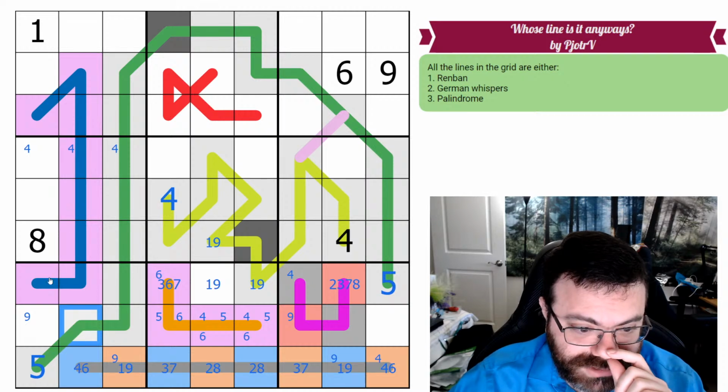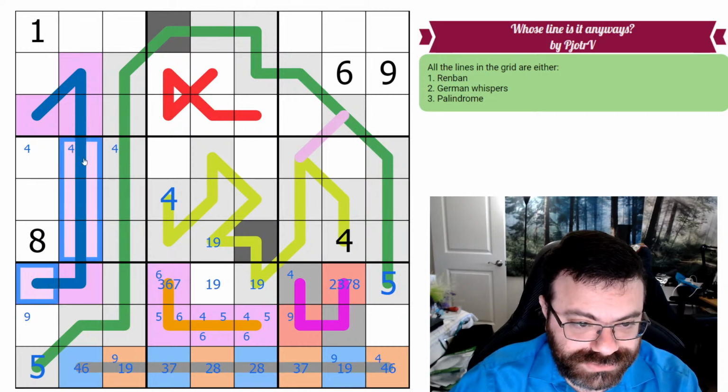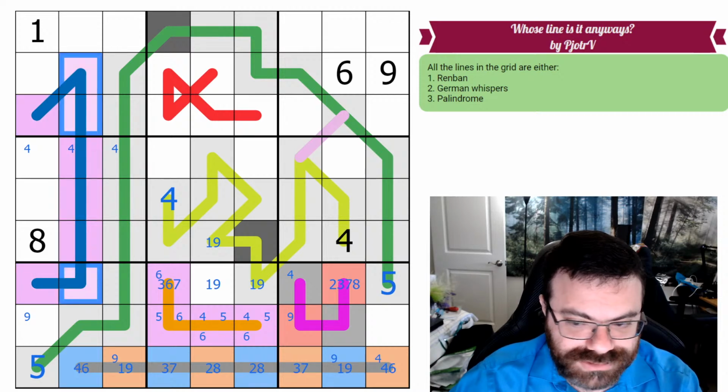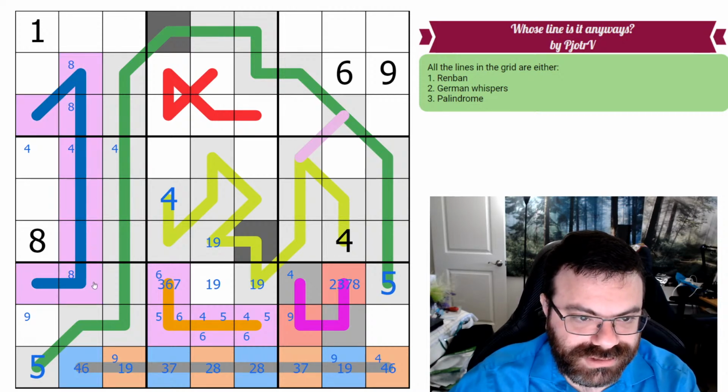So it has an 8 on it, which can't go there or there. So there's an 8 somewhere here in that column.